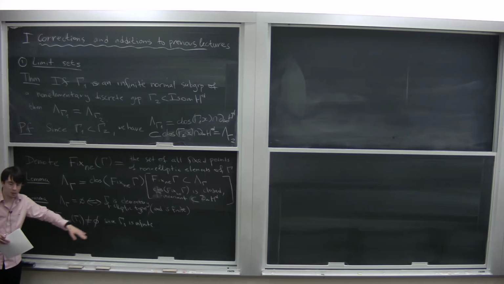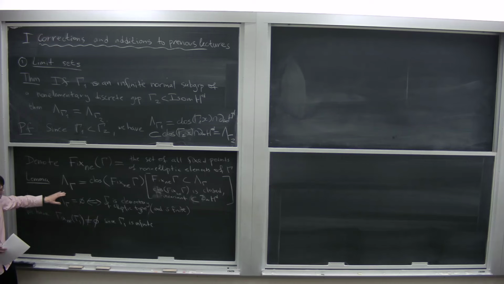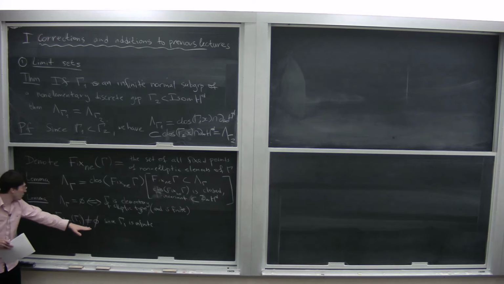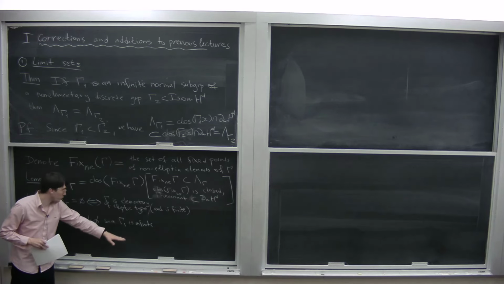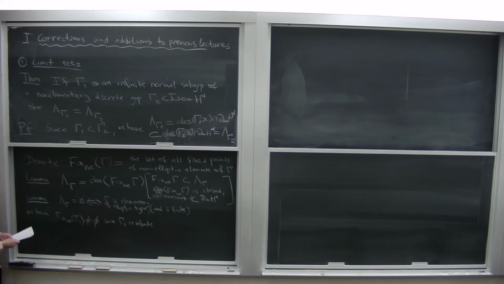If it is empty, I obtain by the first lemma the empty lambda gamma. If lambda gamma is empty, I use the second lemma and I get that it's a finite group, a contradiction, since gamma 1 is infinite. Thus we have that this is not an empty set. And this is important for us.